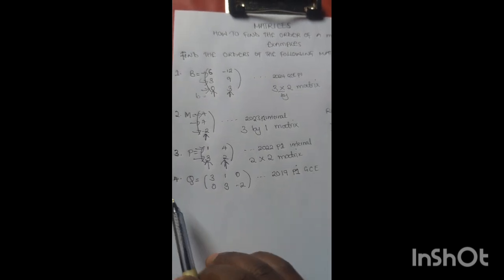Our last question is from 2019 paper 1 GCE, okay? And matrix Q has entries 3, 1, 0, 0, 3, and -2. What is the order of this matrix? Okay, so remember, our only task is to count how many rows and columns.